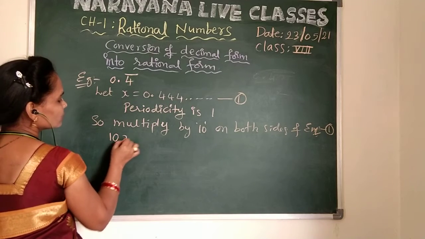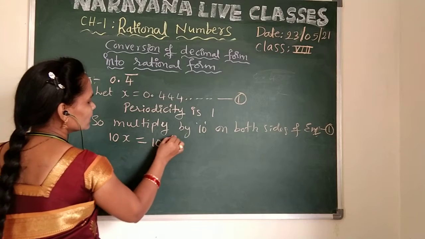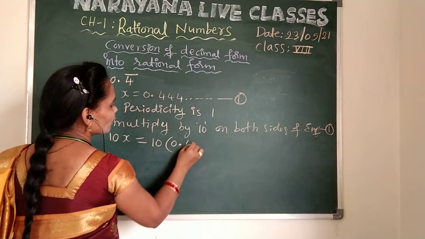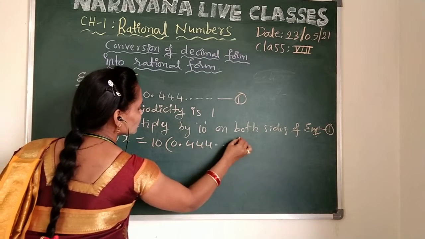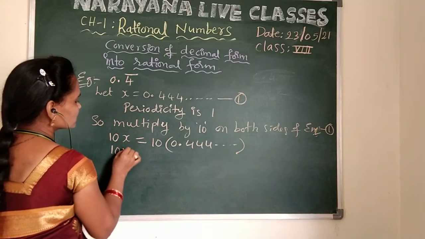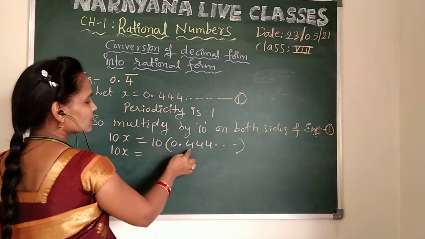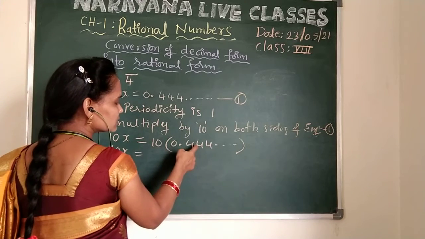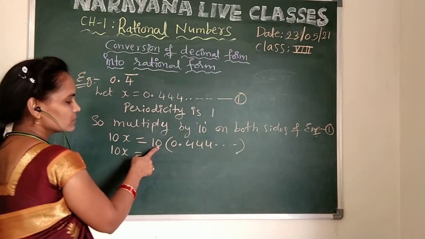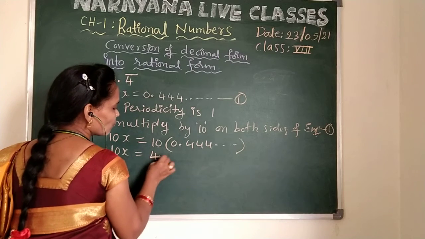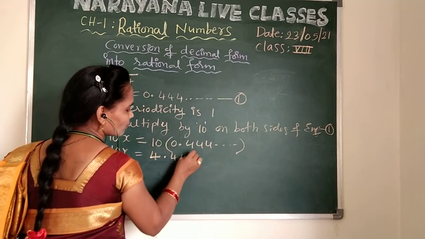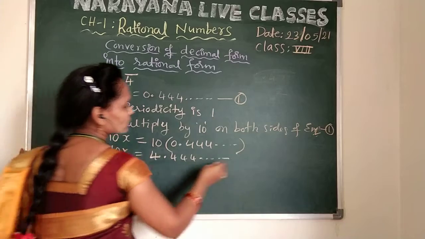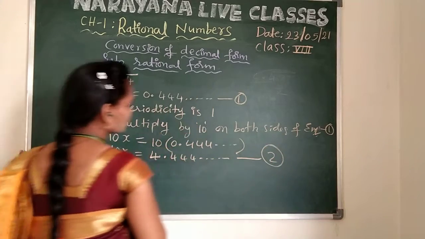So 10 into x is 10x, and 10 into 0.444 and so on. Now 10x equals, multiplying inside the bracket, the decimal point will move one digit because we are multiplying with 10. So 4.444 and so on. Let us say this is equation 2.